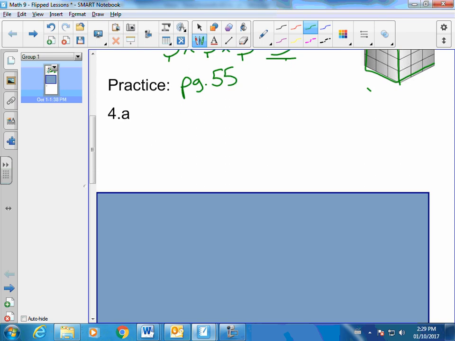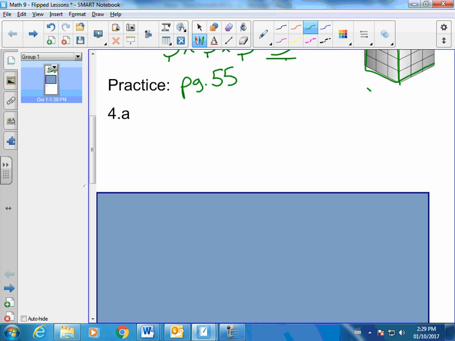So the way this will work is I'm going to do the first example of each of these different questions, and the expectation is that when you get to class tomorrow, or if you feel like doing it at home tonight for homework, you're going to do the other questions in there on your own for practice.